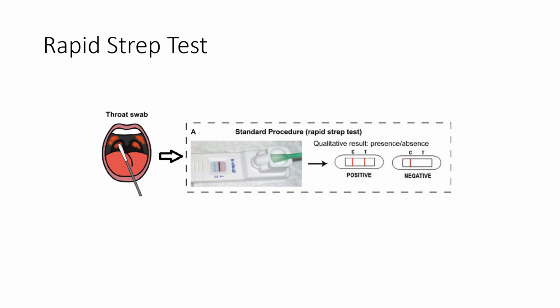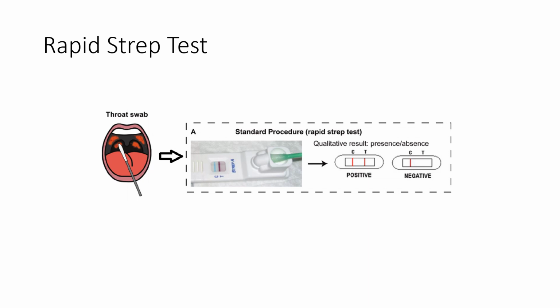If you get the first line, that's the test line, that means that yes, you've got strep throat, that the antigens present on the Streptococcus pyogenes, the causative agent of strep throat, are present, that they have bound to that first antibody, which then binds in this T line to a second antibody, which is also specific for the antigens present on Streptococcus pyogenes.